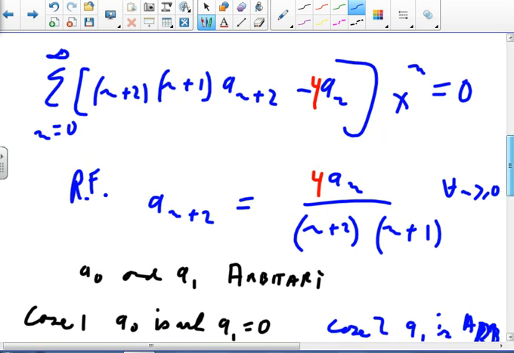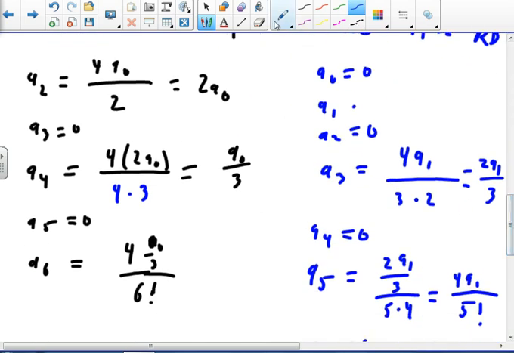Divided by 4 times 3. All right, so this becomes 16a0 over 4 factorial.